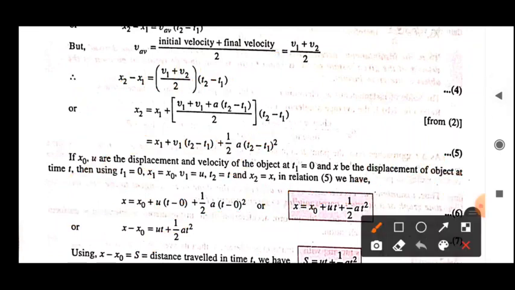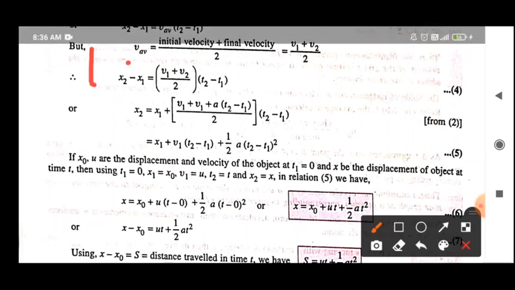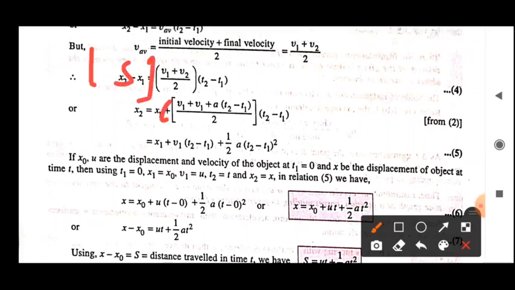When you integrate the first portion ds, the integration is obtained as s, and its limit is 0 to s. Now if you integrate u plus at, the first portion u gives 1 into dt, so ut you will obtain, plus one more term.